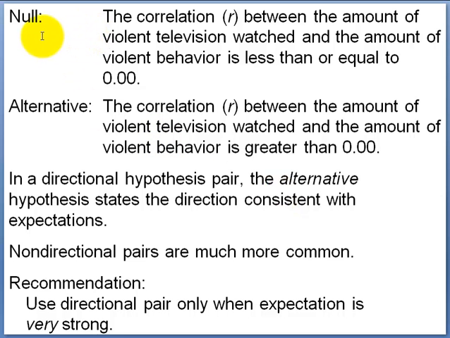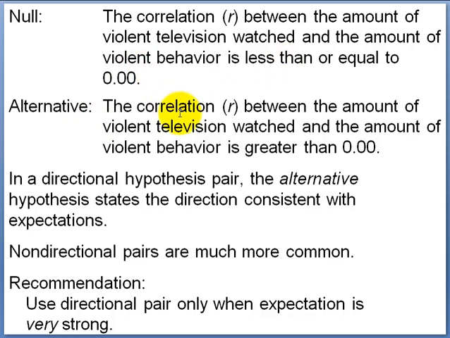Our expectation is for positive correlation between violent TV watching and actual violent behavior. So the null is stating the opposite direction: the correlation between the amount of violent TV watched and the amount of violent behavior is less than or equal to 0.